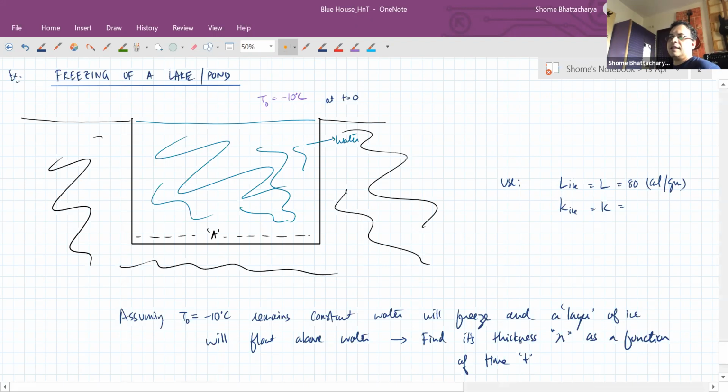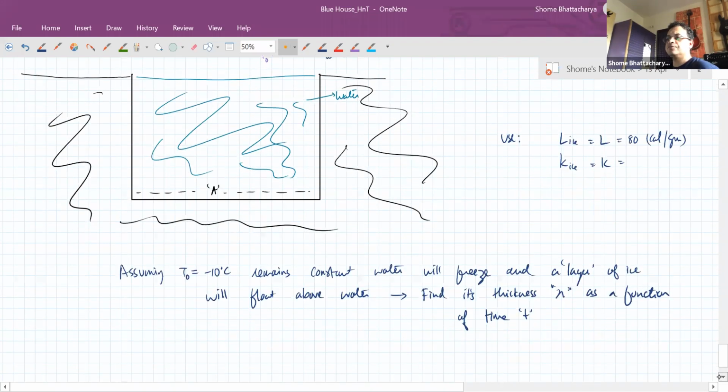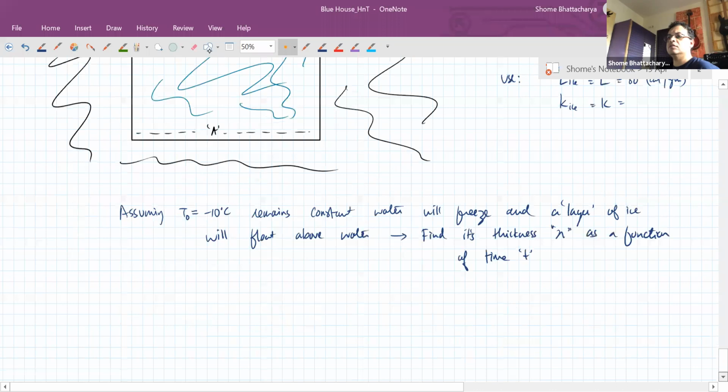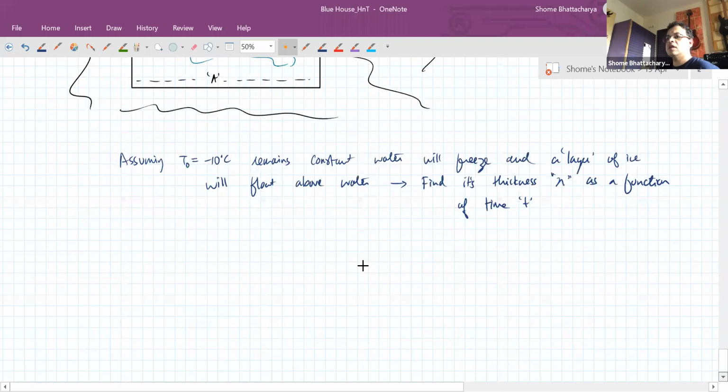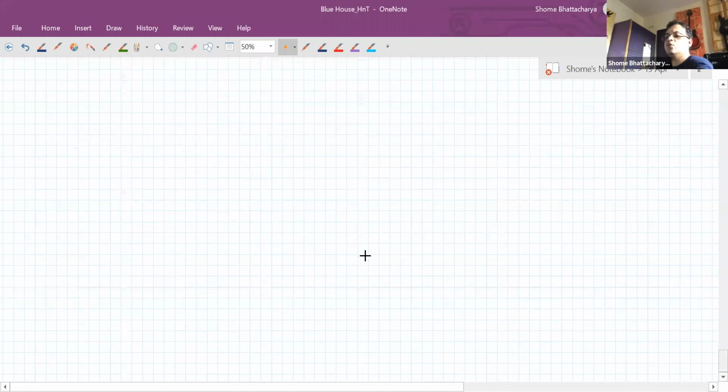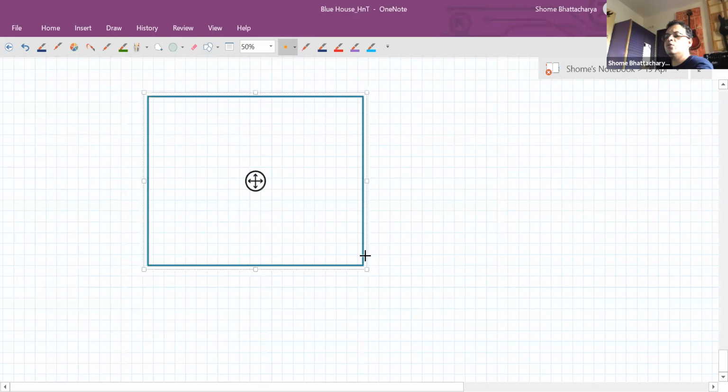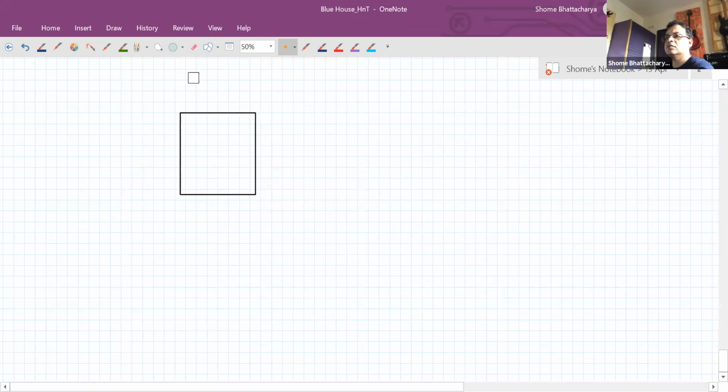So we'll do actually a numerical calculation of this and we'll see how the thickness of ice layer varies with time. So what will happen is here going from this situation to after some time, we will see that the ice layer has grown to some value of X.